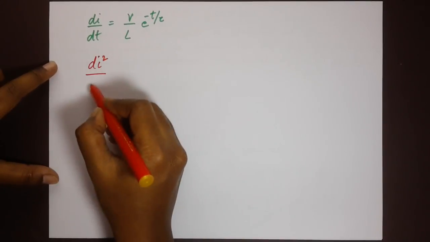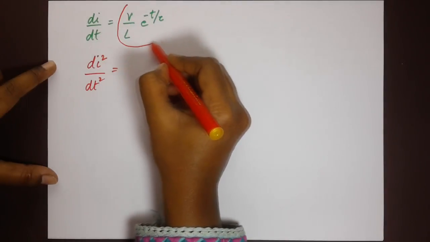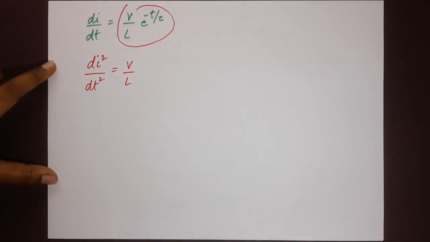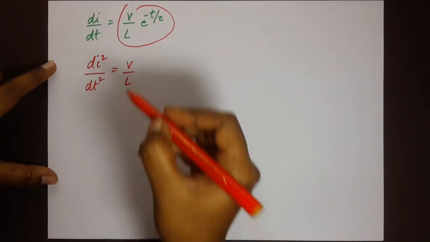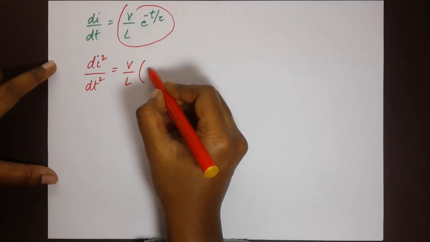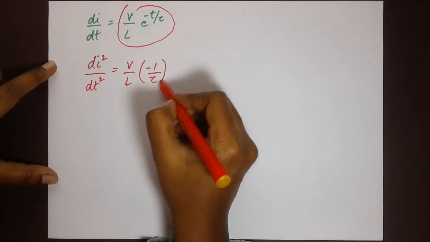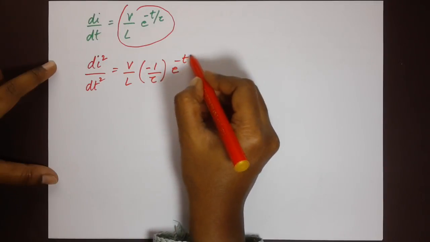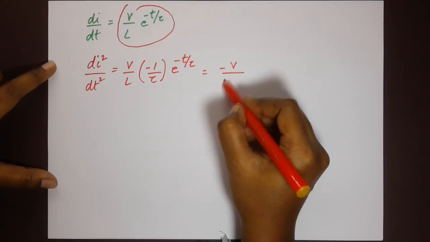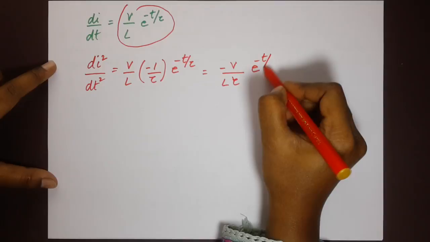square divided by dt square. Now differentiating this entire expression. V by L is a constant, so it remains the same. Now let's differentiate the exponent part. We would get 1 minus 1 by tau into e power minus t by tau, minus V by L tau into e power minus t by tau.